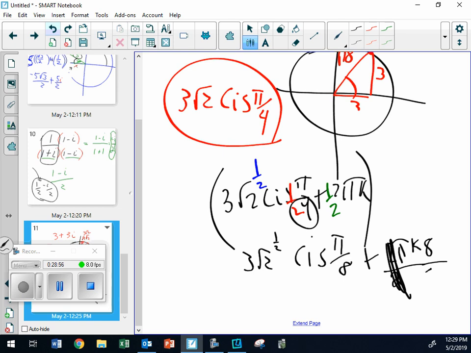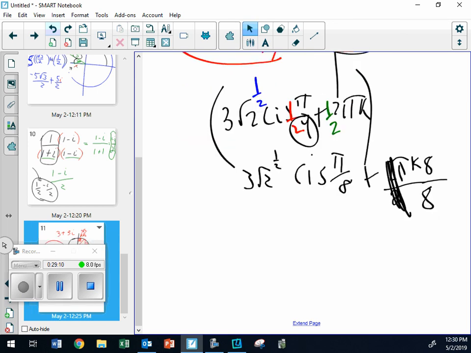Does that make it more complicated? Well, maybe a little bit, but it gives me a common denominator. So I can tell I'm going to add 8 pi each time over 8. 8 pi over 8 is like adding pi. That does tell me something, though. If I'm adding pi every time, it's going to go over pi really quickly, isn't it?